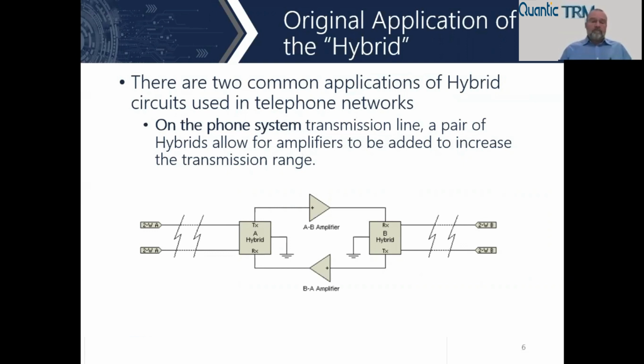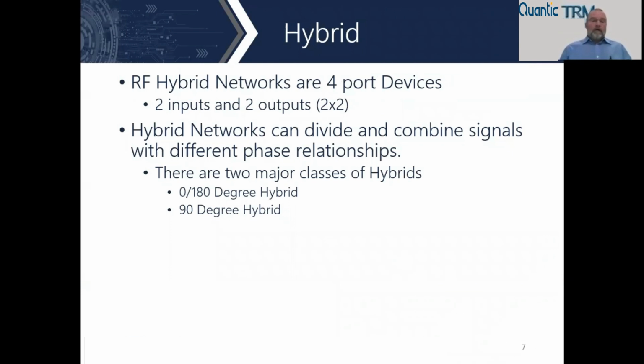Okay. Now, is it also true that a hybrid can be part of a network? Sure. When we build these hybrids, these individual building blocks, very similar to what was in the phone system, we connect them up and create phase combination and dividing networks, so that we can have these higher order functions.